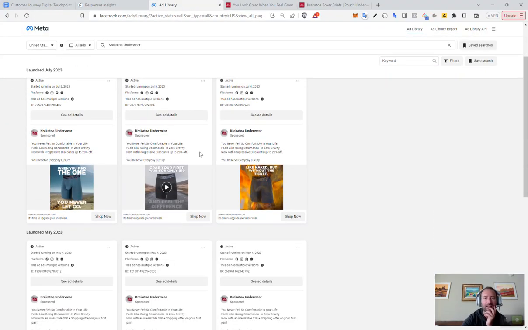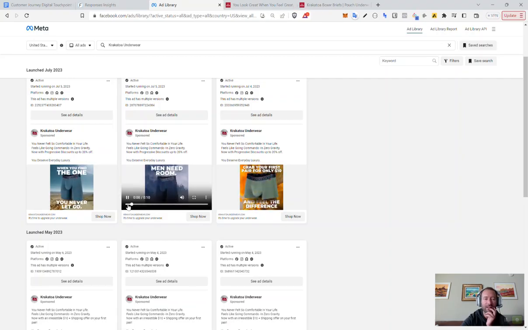And we'll look at this ad library. So we have comfort, comfort, comfort. We've got going commando, and then we have different messaging. This messaging is like naked, but without the ticket. This messaging is when you find the one. This messaging is you need more room. So it's focusing on different elements of the product, but the messaging is all the same.